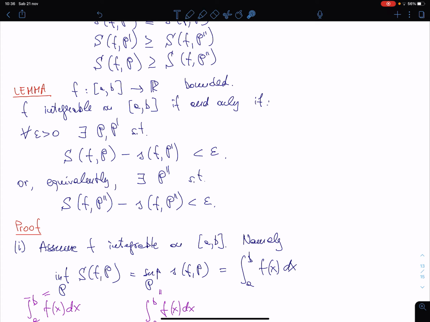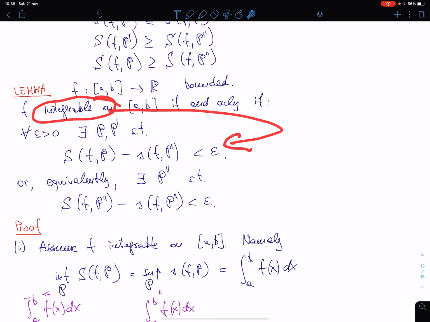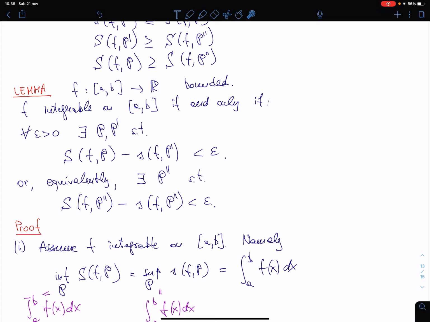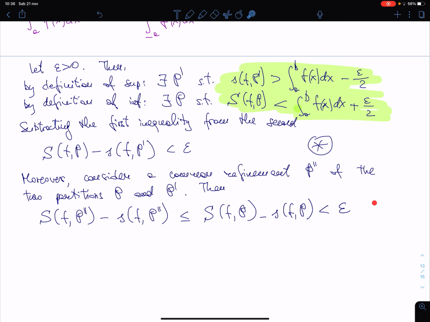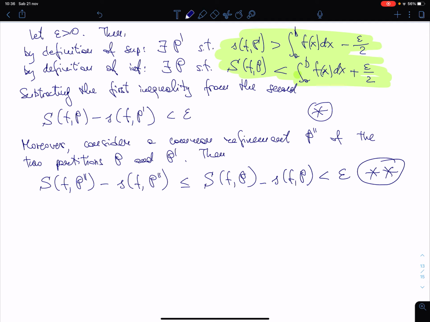Okay? So notice that here, go back to the lemma, we proved all the first direction. Starting from the integrability of f, first we proved here, and then we proved here. Now we have to go back. And this we called inequality two asterisk, and now we close the whole proof by saying the following.